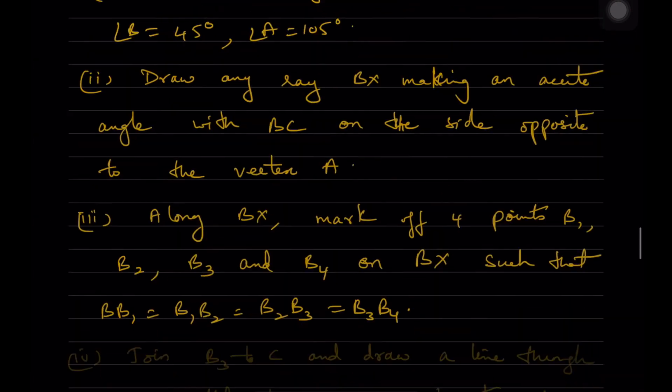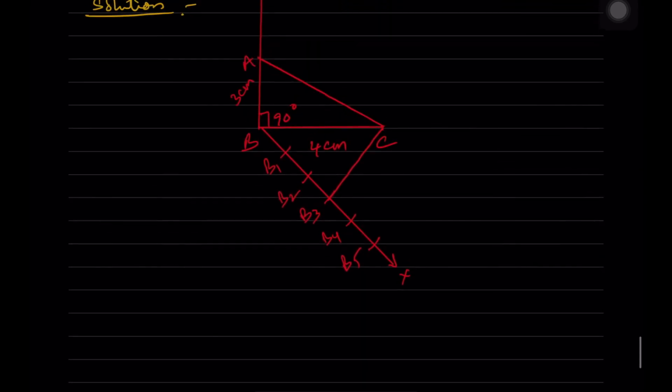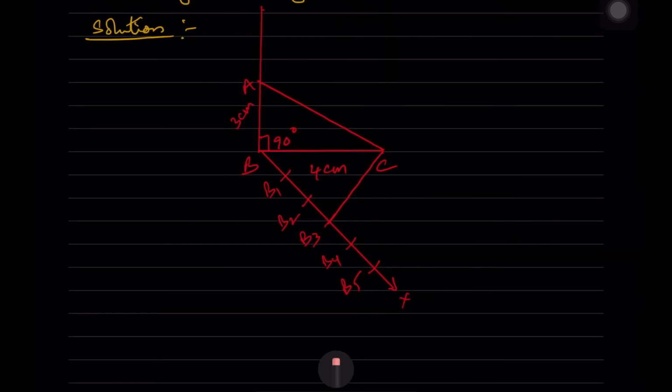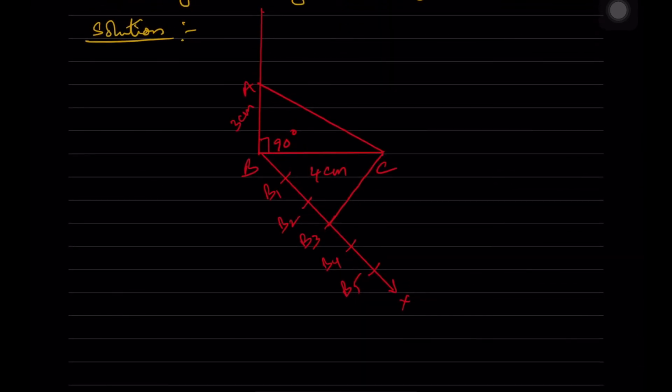Next, what do we do? From B5 now we draw a line parallel to, we extend first BC. We extended the line BC. Now we draw a line parallel to BC from B5. So B5C dash is parallel to B3C.